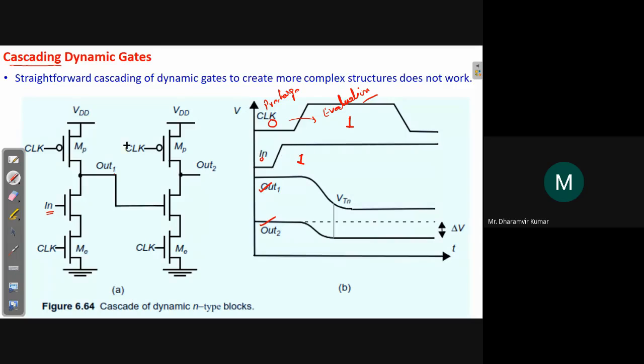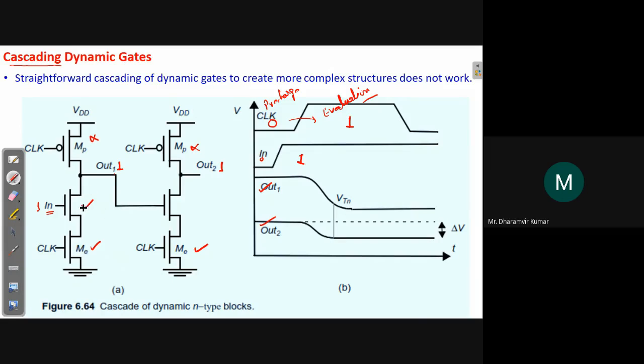Now this output was high. This input has become 1, and this is evaluation, so this is available, this is available, this is not available, this is not available. So what is the scene here? So this is 1, so this is available, right?